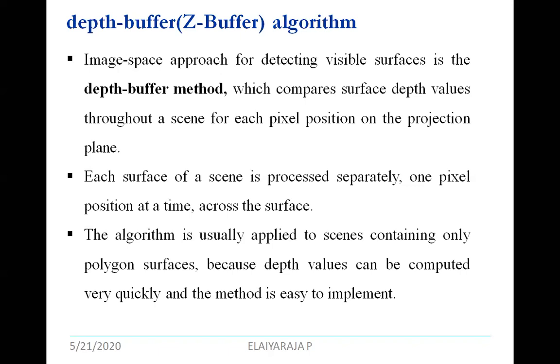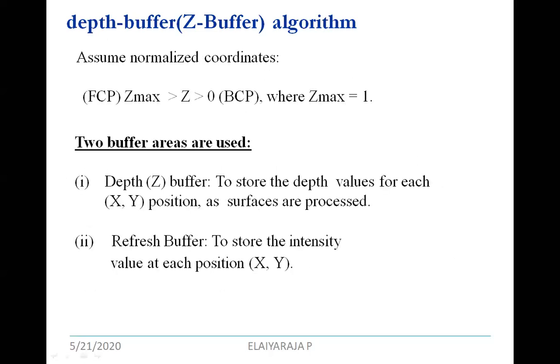Okay, because the depth values can be computed very quickly and the method is easy to implement. Here also your normalized coordinates take place, as in backface culling. How did we do it in backface culling?